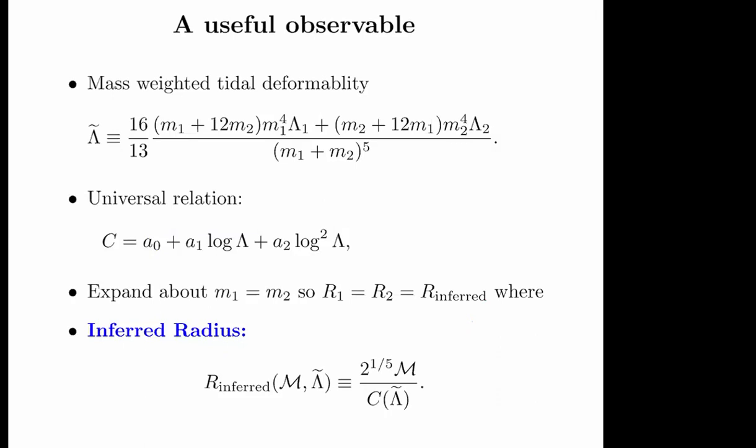Nevertheless, its value lies in the fact that if I measure a chirp mass and a lambda tilde, I can plug them into this formula and determine whether or not there's a kink in the MR curves. So what I'm telling you is forget about the actual radius of the neutron star, forget about whether or not this formula is a good estimator of that radius, and rely on this formula only for detecting kinks, not the actual radius in and of itself.